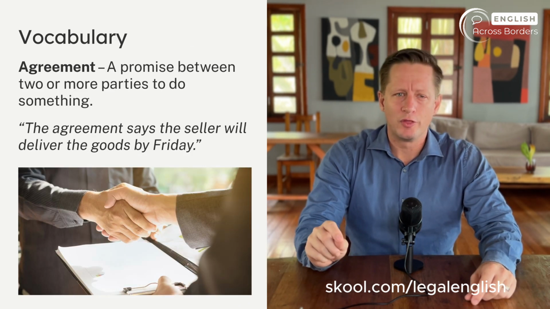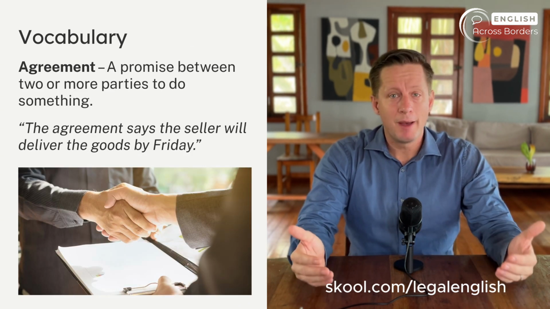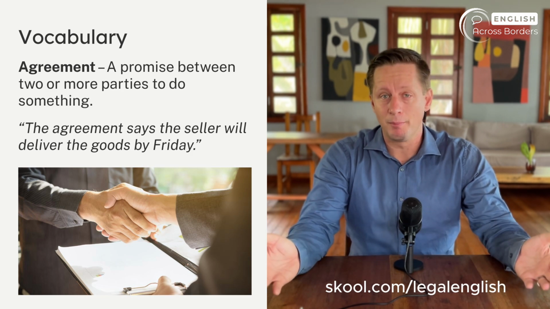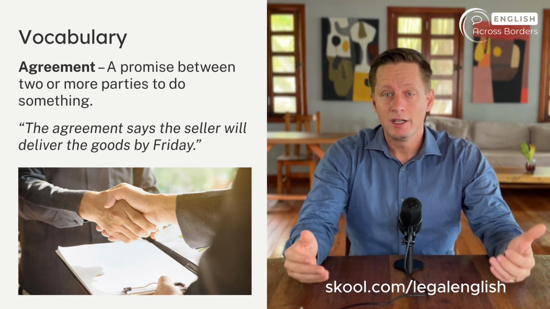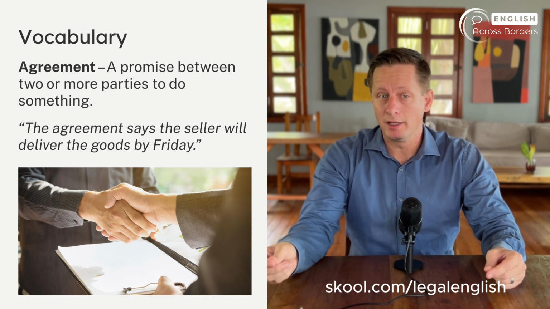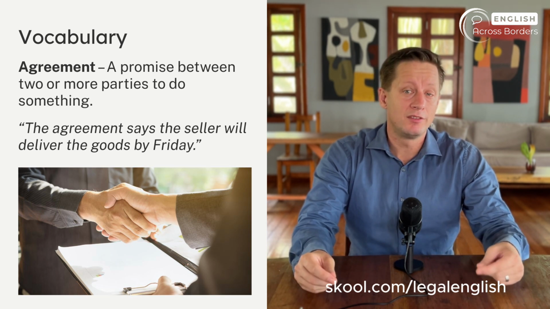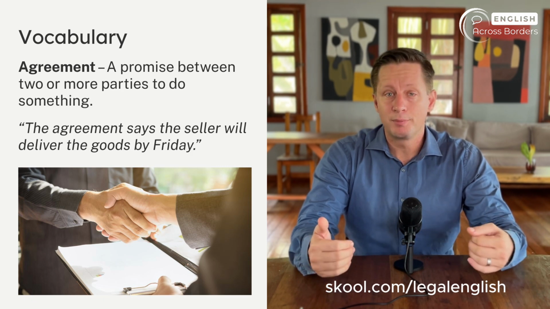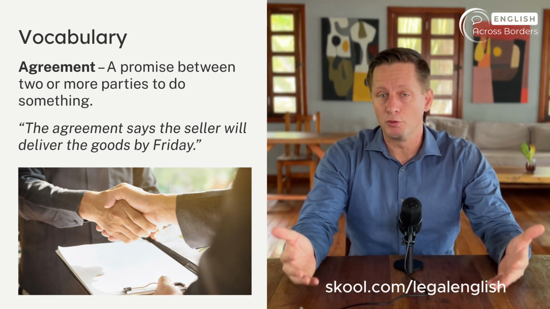Let's start with the word agreement. Imagine you want to buy a laptop. You talk to the seller and you both promise to do something. You promise to pay money and the seller promises to give you the laptop. This promise is called an agreement.